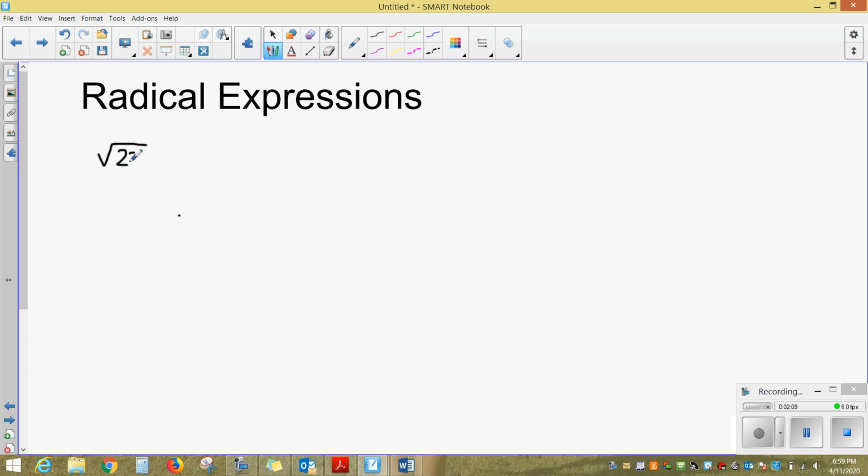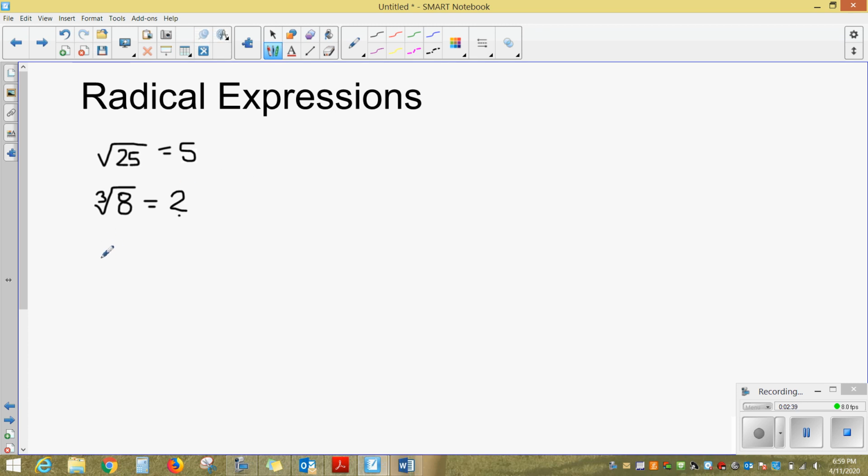So if I see this expression on my paper, this is asking me for the square root of 25, and the number that I square to get 25 is 5. In words, this expression is asking me to find the cube root of 8, or what number times itself 3 times is equal to 8, and that number is 2.